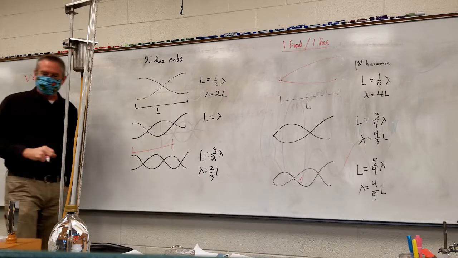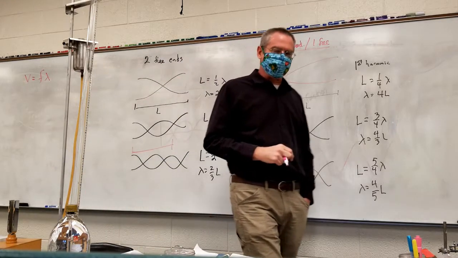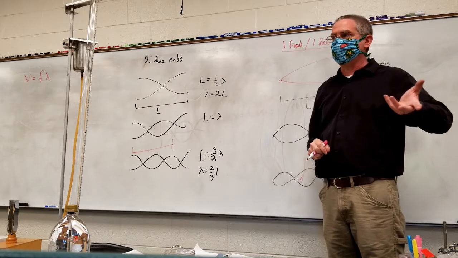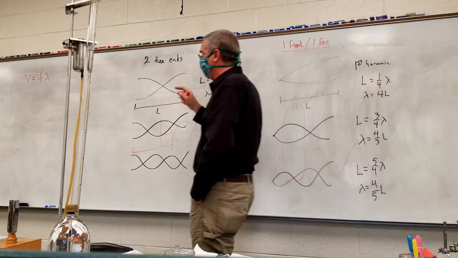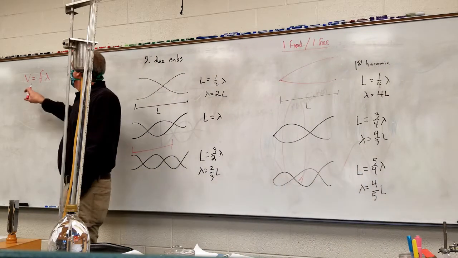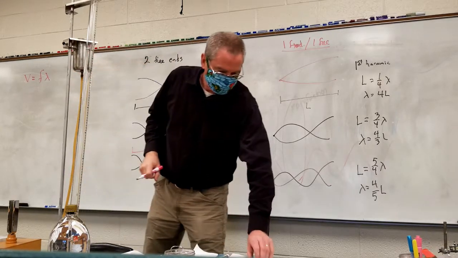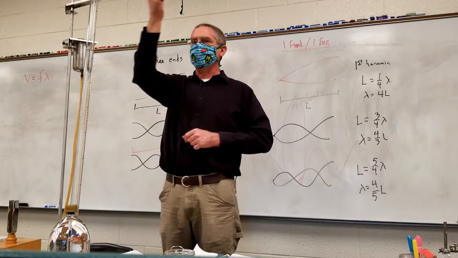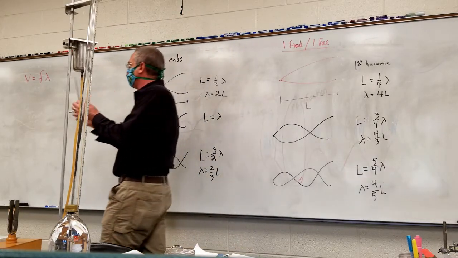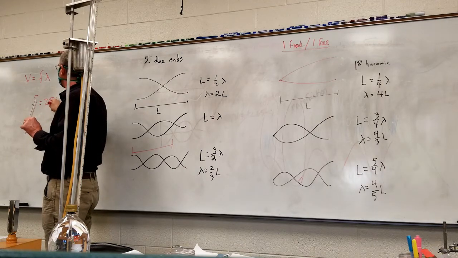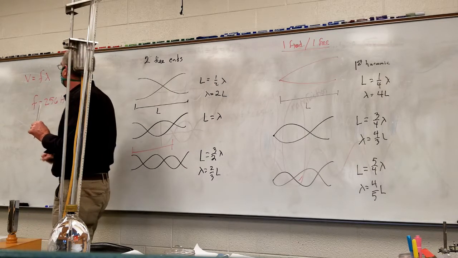So the speed of the wave is going to be the frequency times the wavelength. There's another formula that we will use on Friday and equate it to this. So the tuning fork has 256 printed on here. So the frequency of this tuning fork is 256 hertz.